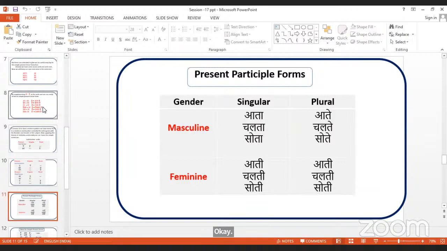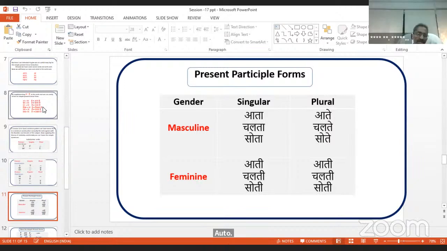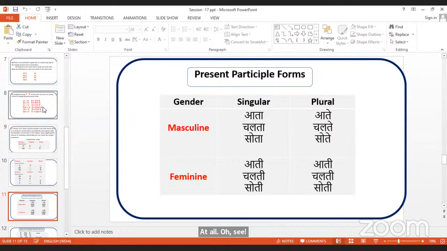Likta, likte, likti. Bolta, bolte, bolti.